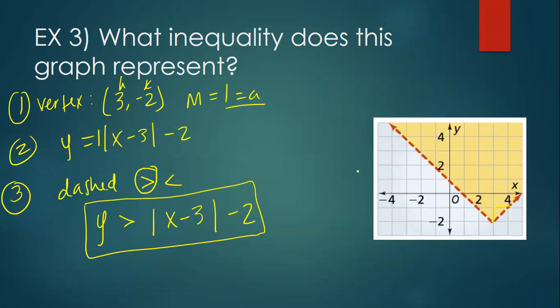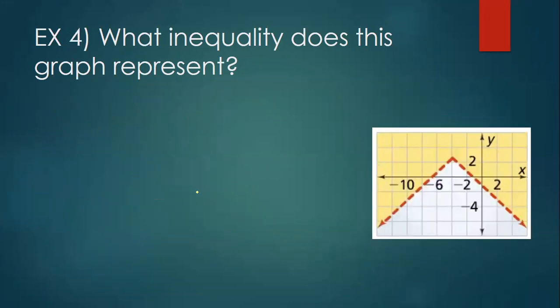And then we're going to analyze the graph. Is it dashed or solid? It was dashed. Is it shaded above or below? It's shaded above. So we replace our equality with an inequality, and we're done. Cool? Ready to try the other one?